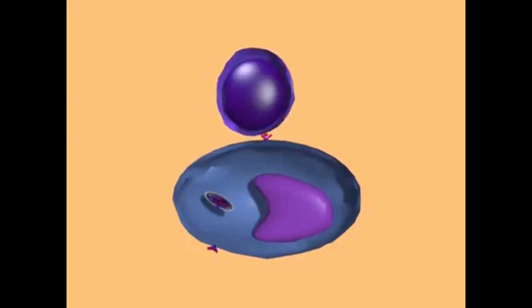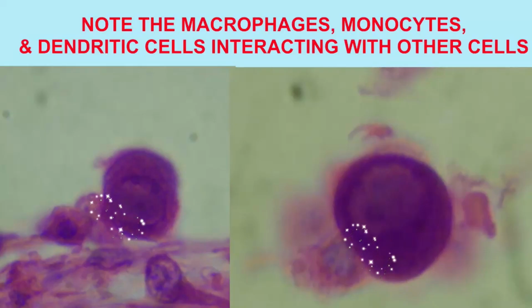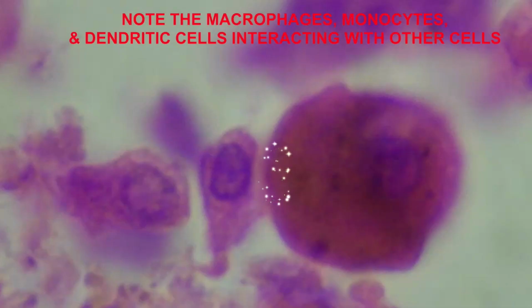They can essentially say, hey, look what I just killed. And this can signal the T lymphocytes, which then can go around and give permission to other immune cells to make antibodies or to attack antigens, etc. So they are extremely important in their antigen presenting role and just signaling cells in general.